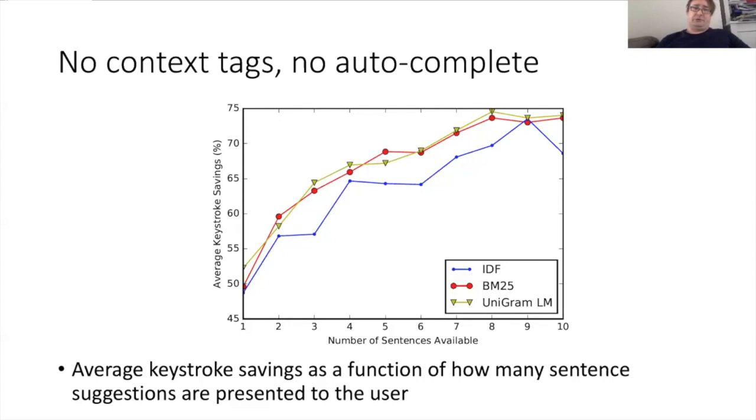And it doesn't seem to matter much which information retrieval algorithm we use. As we increase the number of sentences made available to the user, keystroke savings increase. However, there is an obvious trade-off between the screen real estate and the time demanded for the user to linearly scan all of these sentence suggestions.